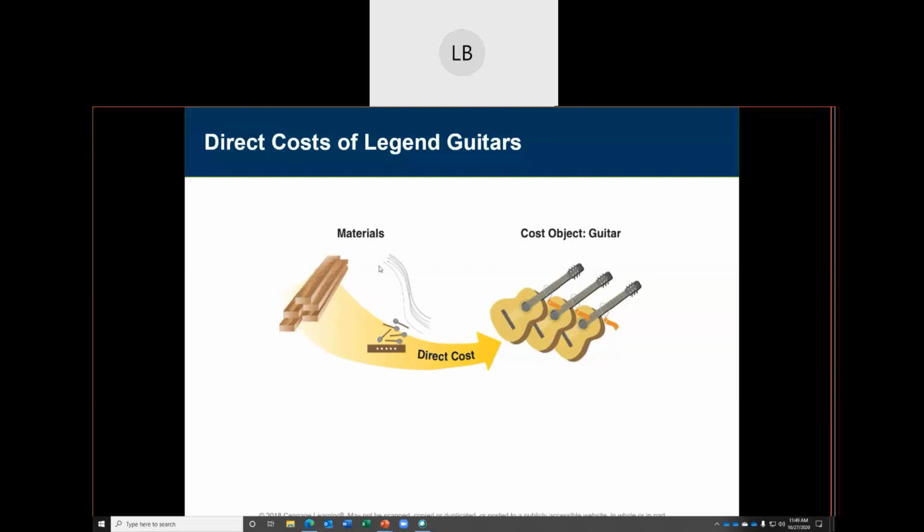That is a direct cost, our direct materials, because it directly corresponds with the finished product. Direct materials are the materials used in the manufacturing process to create the finished product.